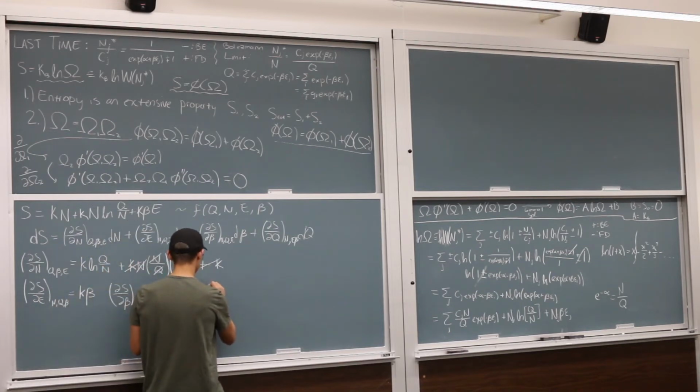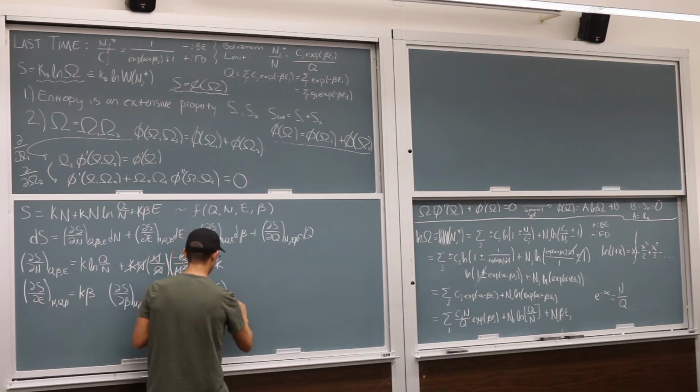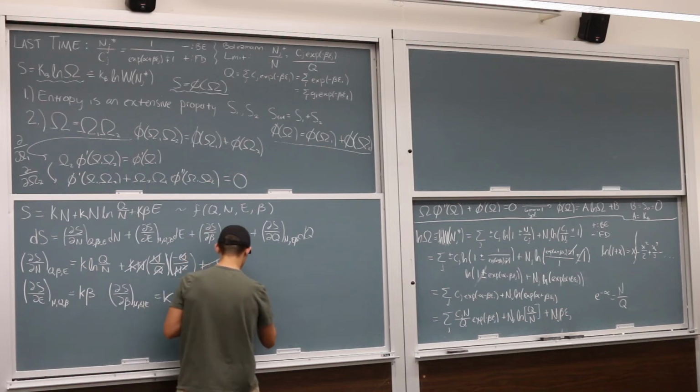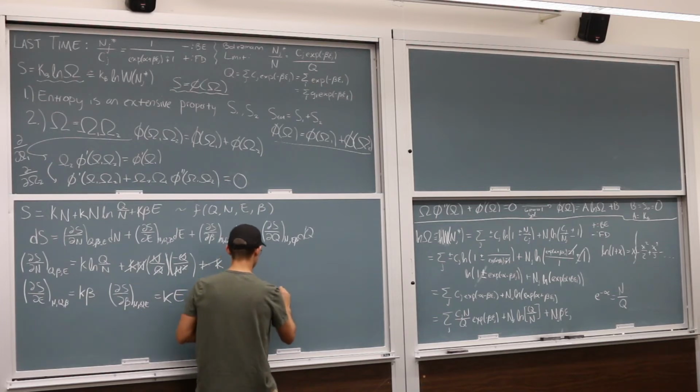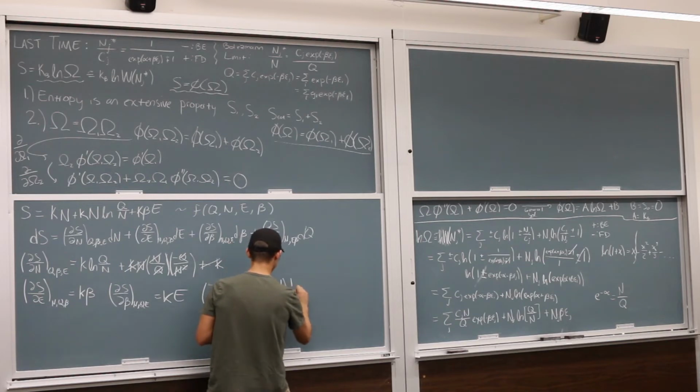And then the derivative of s with respect to the partition function, holding all other things constant, is equal to kn times n over q times 1 over n, which equals just kn.